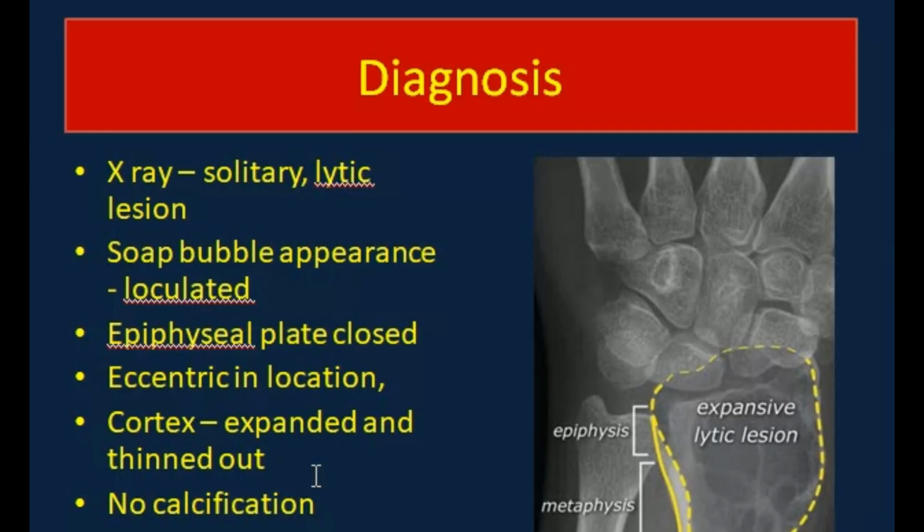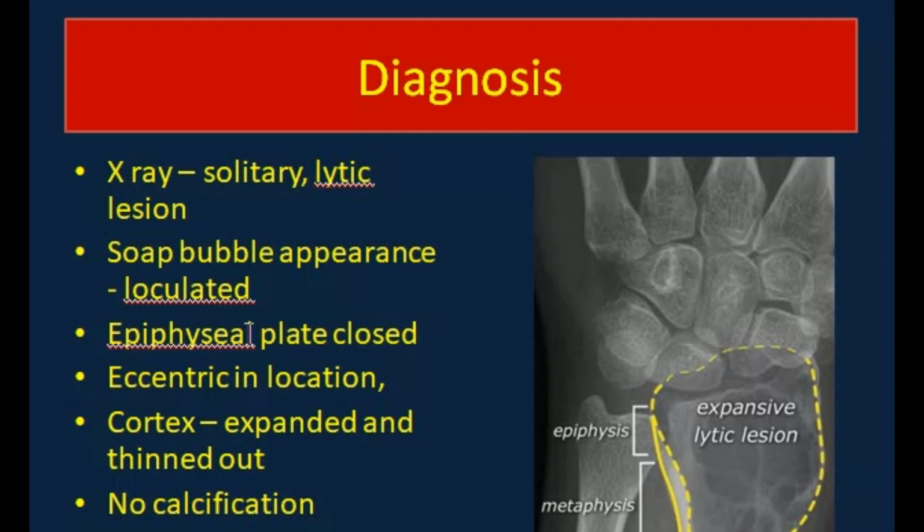It appears loculated basically. So if you look at this, you can see these little trabeculae separating the entire cavity of the tumor. So it's looking like these little bubbles of soap. So if you look at soap, it creates bubbles, right? These little bubbles are seen in giant cell tumors. This is called soap bubble appearance.